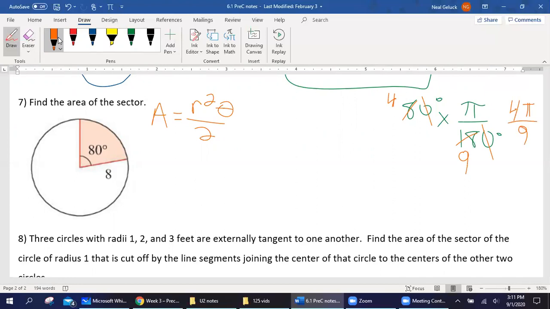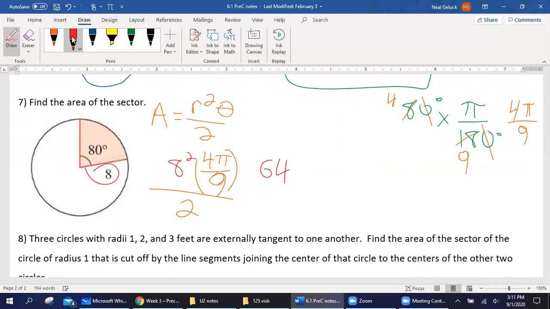So now I can throw everything into my formula. The radius, it says, is 8. So 8 squared times 4 pi over 9, and then all divided by 2. You can piece this together however you want. Since it's all multiplication and division, after you square the 8, that'd be 64.